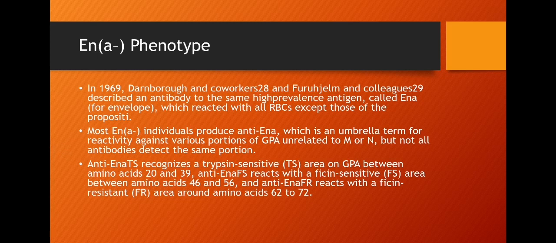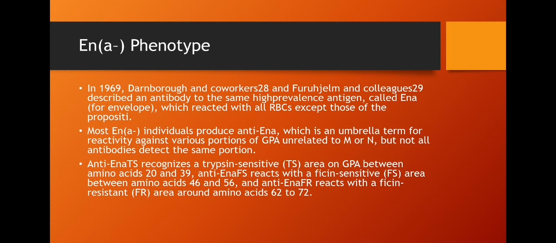En(a-) phenotype. In 1969, Darnborough and co-workers and Furuhjelm and colleagues described an antibody to the same high prevalence antigen, called En(a) for envelope, which reacted with all RBCs except those of the propositus.